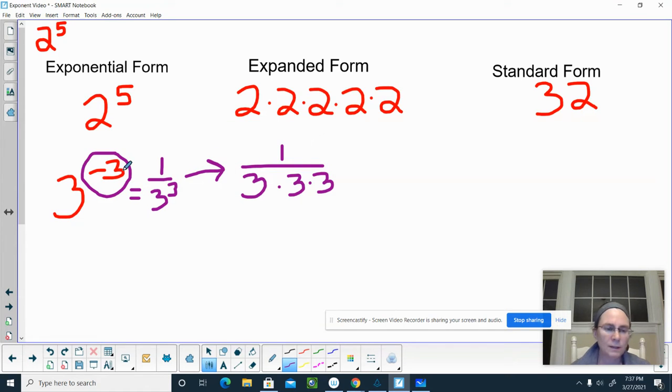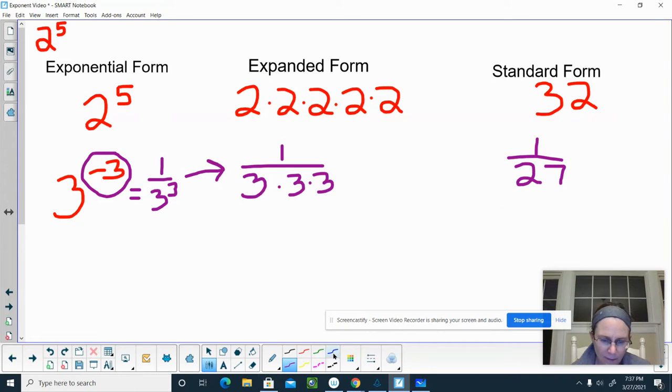So 3 to the -3 power, or 1 over 3 to the third power expanded out, is the same thing, 1 over 3 times 3 times 3. And when we get to the standard form, it's 1, and then we multiply out that denominator. Well, 3 times 3 is 9, times 3 is 27.